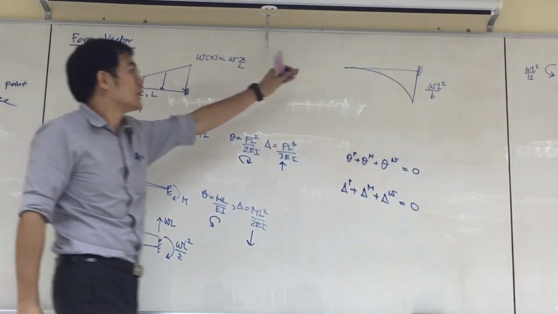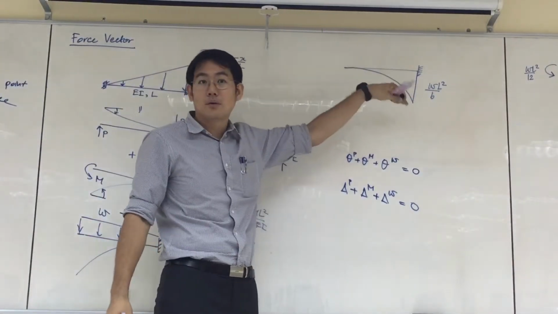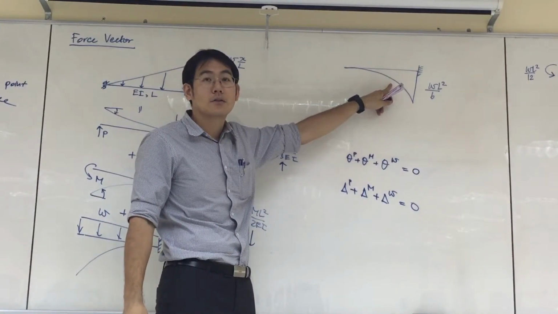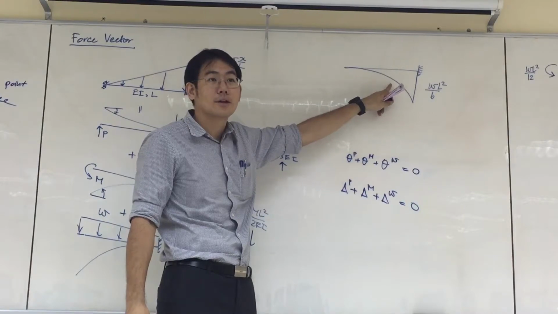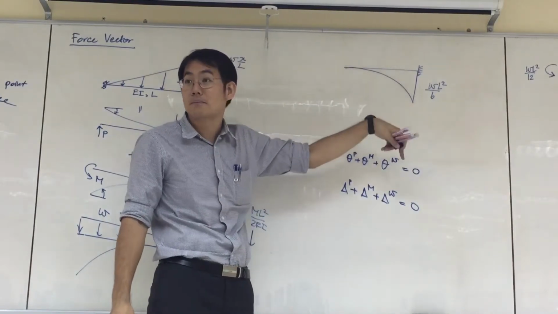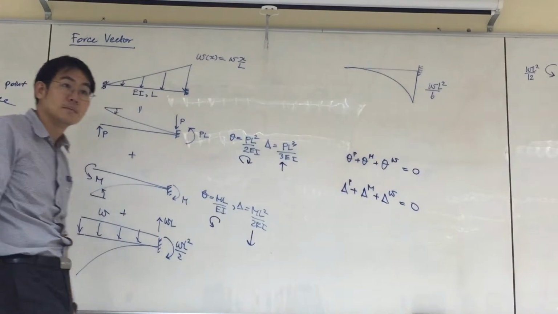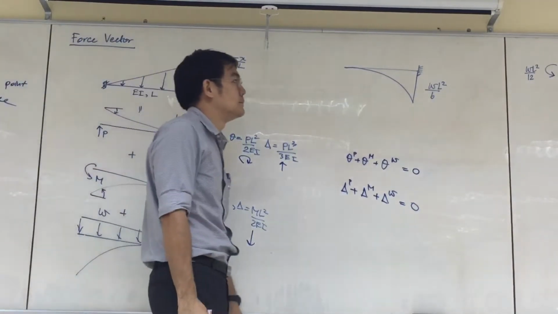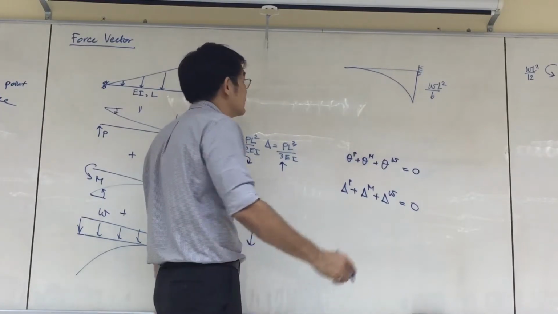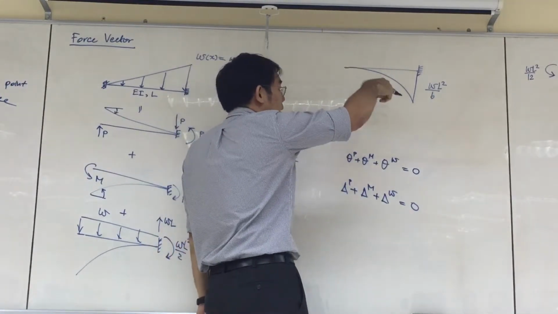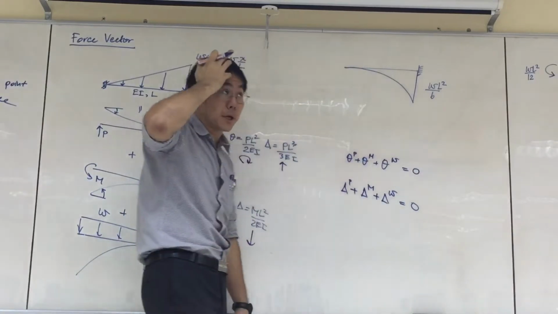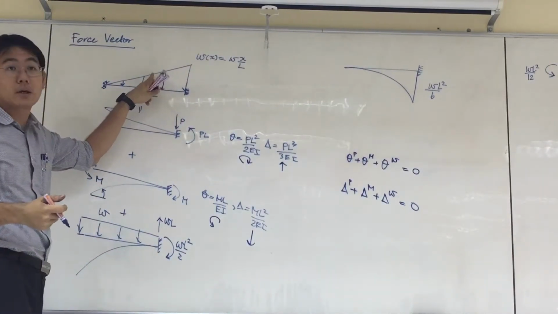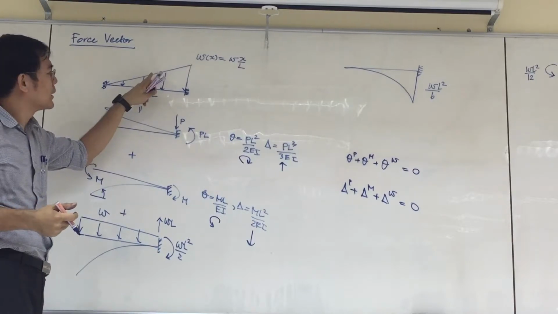If I ask you, can you draw this distribution? Can you write the distribution of this force, this bending moment diagram? The distribution, actually, what is it? Cubic distribution, right?